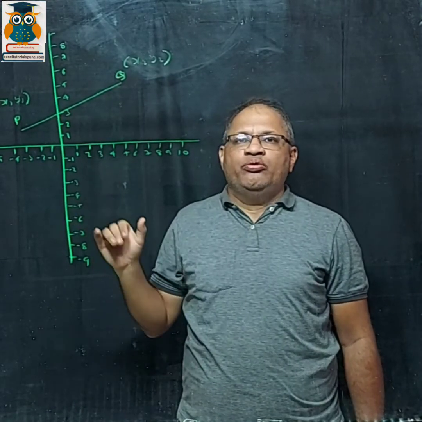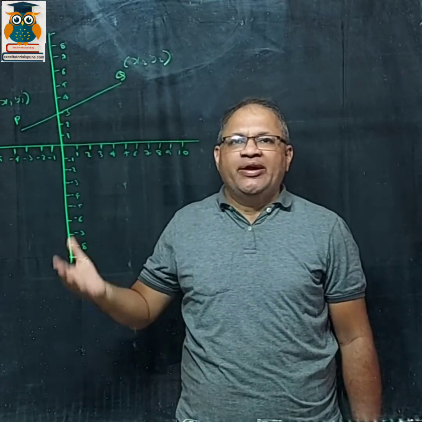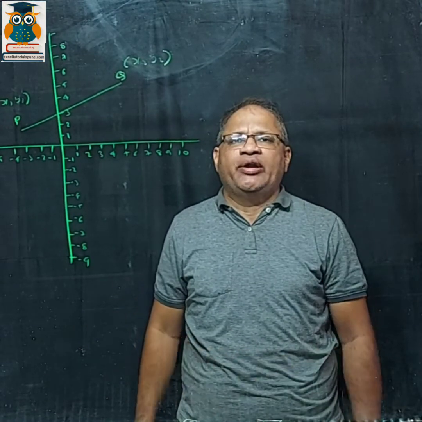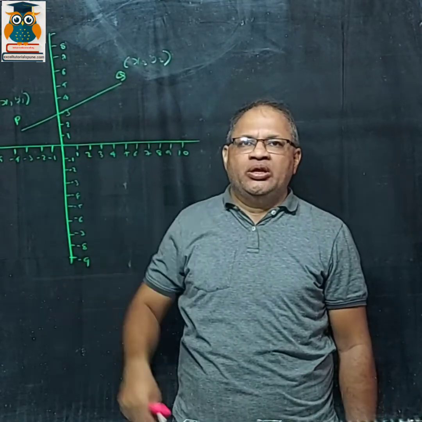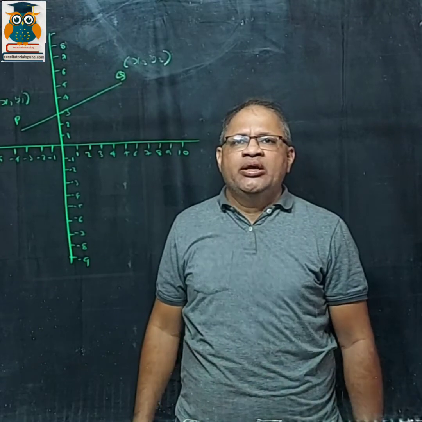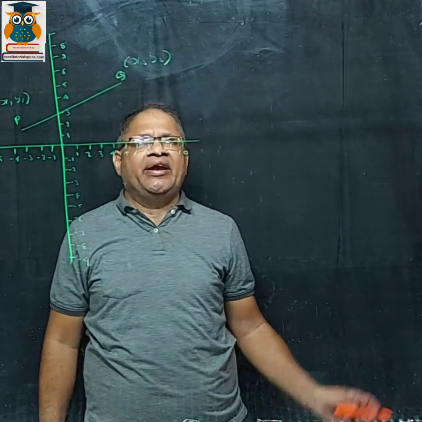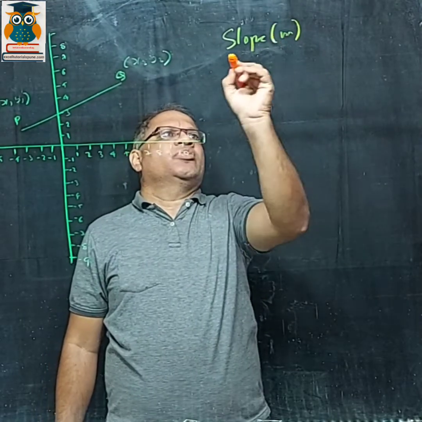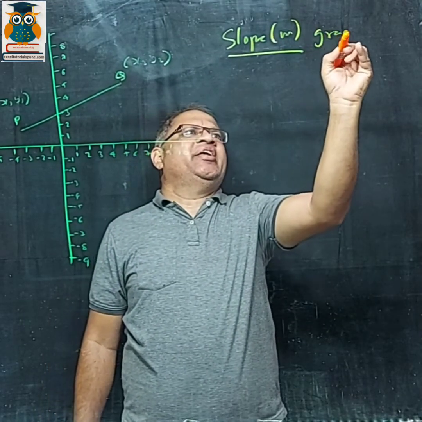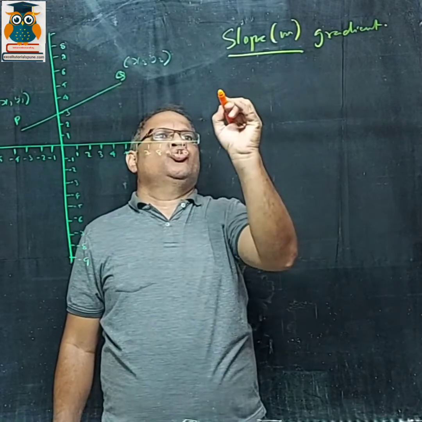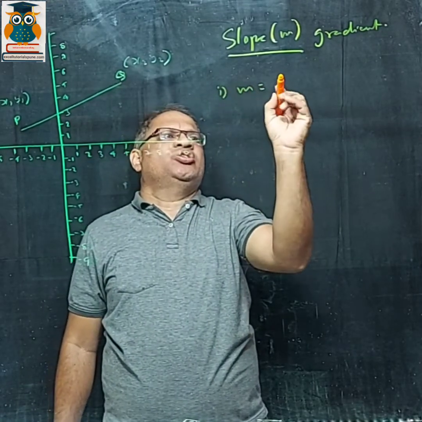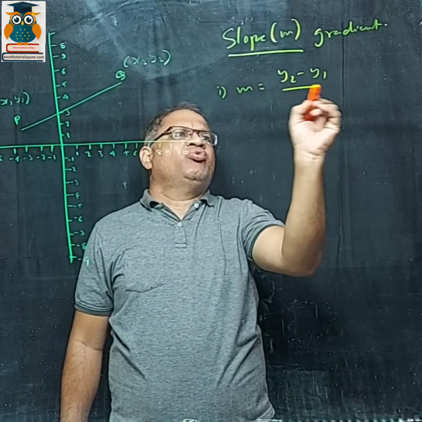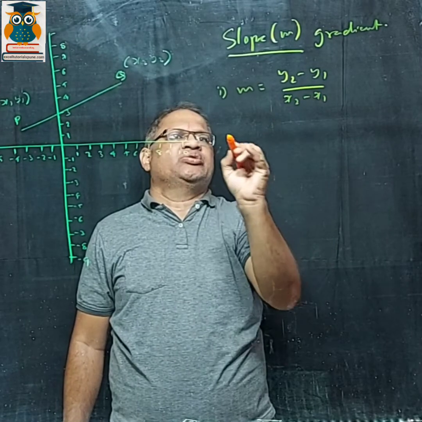Then how do you find out the equation of that? First you need to find out the slope. Slope m is also called the gradient. So slope is given by m is equal to (y2 minus y1) upon (x2 minus x1).